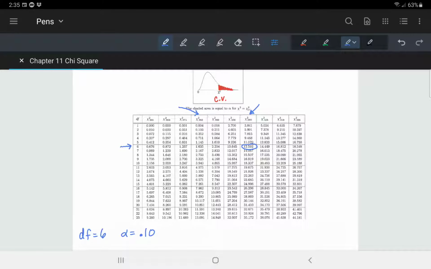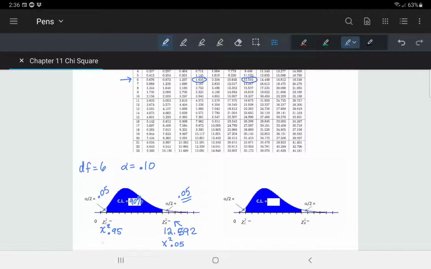Again, come down to 6 degrees of freedom. That critical value is 1.635. So those are our two critical values if the degrees of freedom is 6 and we have an alpha of 0.10.